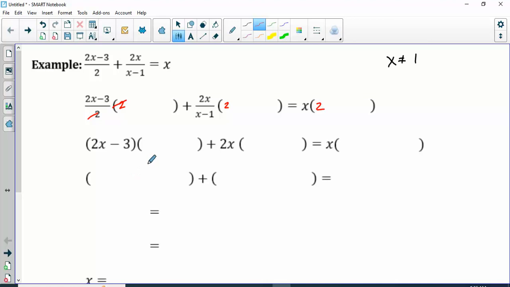What else do we have to multiply by? And that cancels this fraction. So I'm left with 2x minus 3 times the x minus 1, 2x times the 2, and x times, can I go ahead and distribute and make that 2x minus 2?